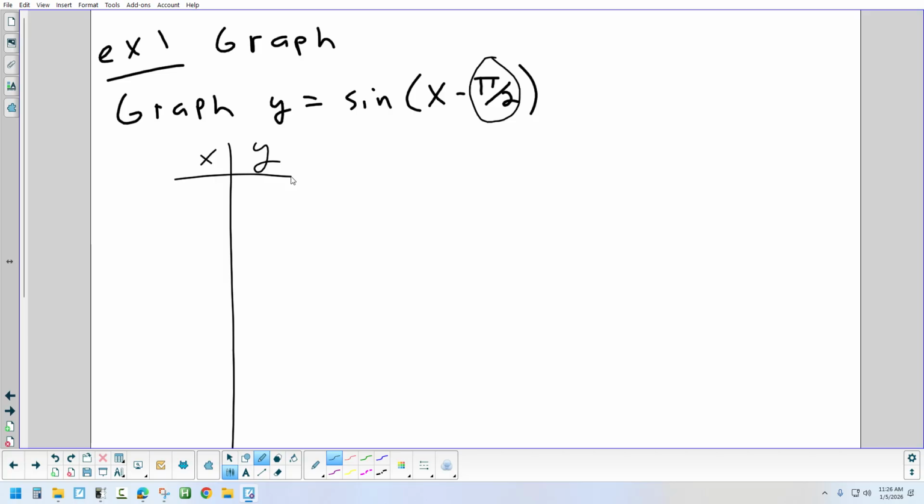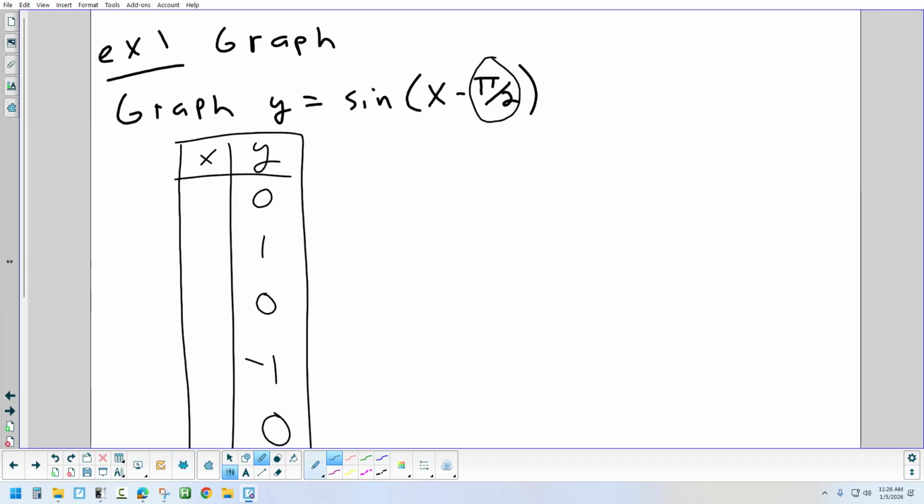What are my y values for sine? 0, 1, 0, negative 1, 0. Okay, so if you get that right, there's 5 points right there, just knowing those. All my final answers are going to be in the table that I just put a box around, right there.